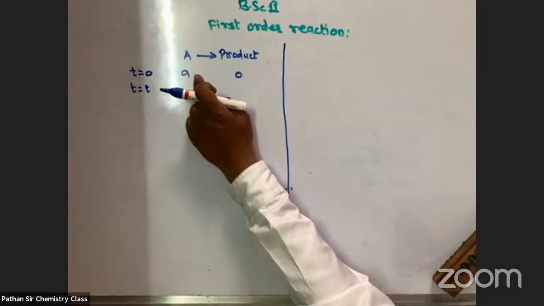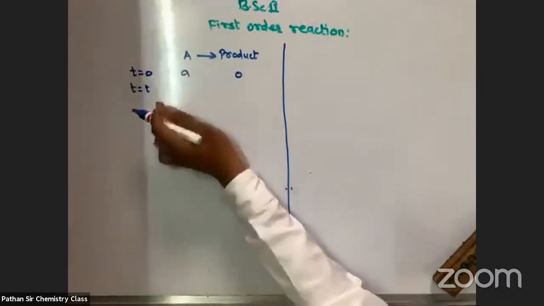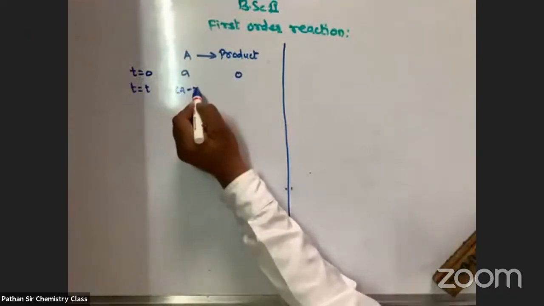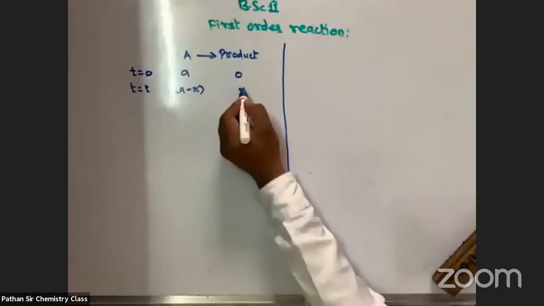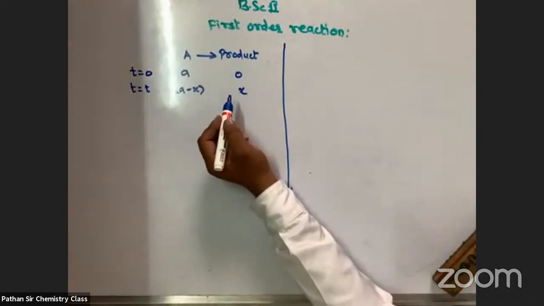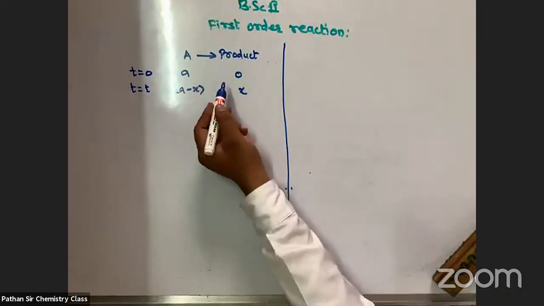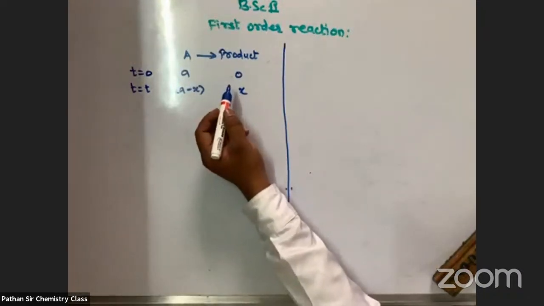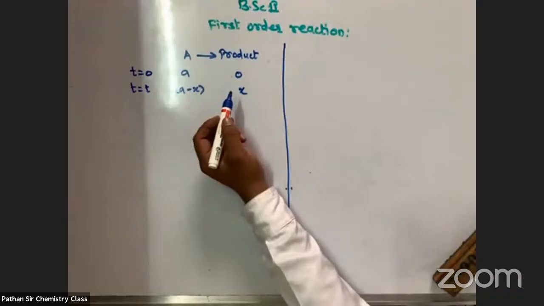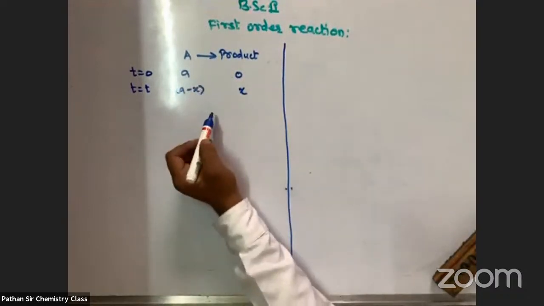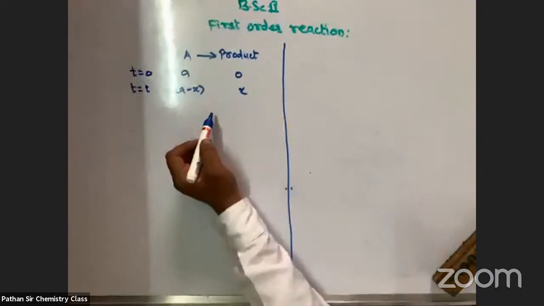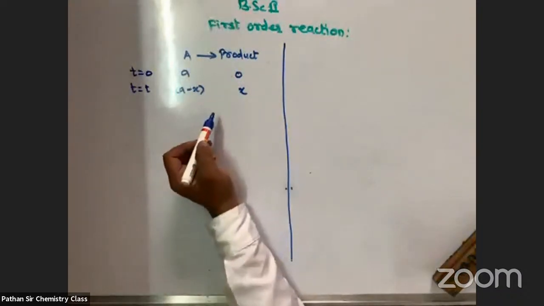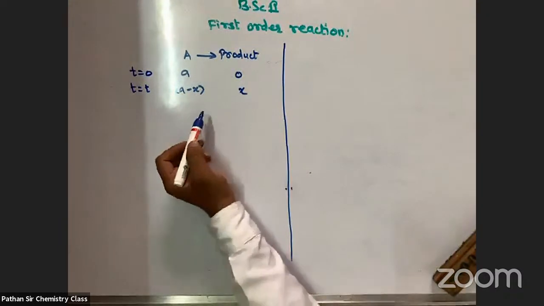The remaining concentration of A after some time t is A minus X, and the product concentration is X. Then, as it is a first order reaction, the rate of reaction is dependent upon the concentration of only one reactant, or in case of rate law, concentration is raised to power 1.